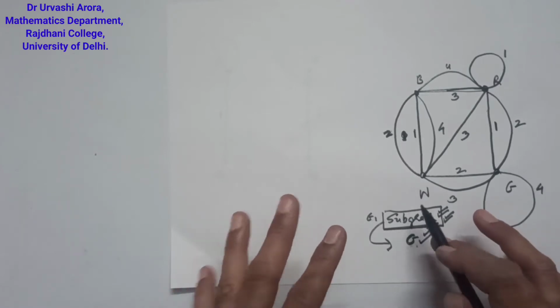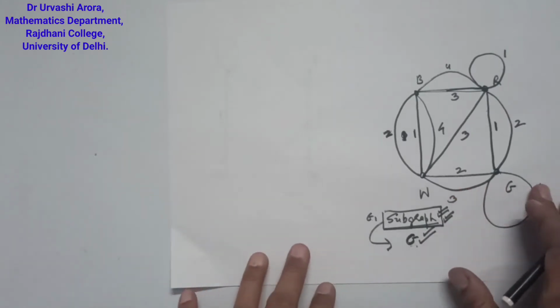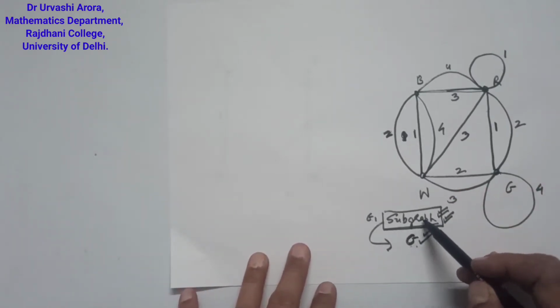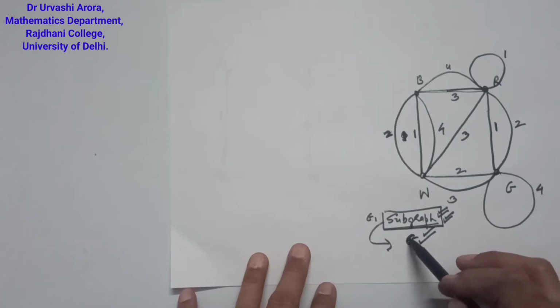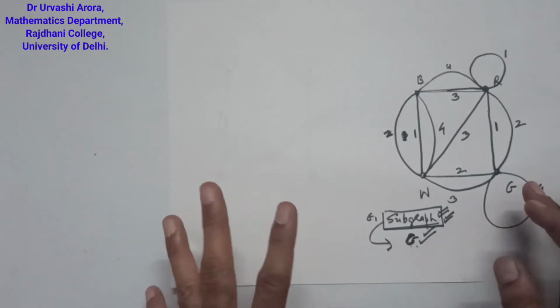So the way we have a subset of a set, in a similar manner we have a subgraph of a graph, where the subgraph has vertices and edges coming from whichever underlying graph we have in the context.